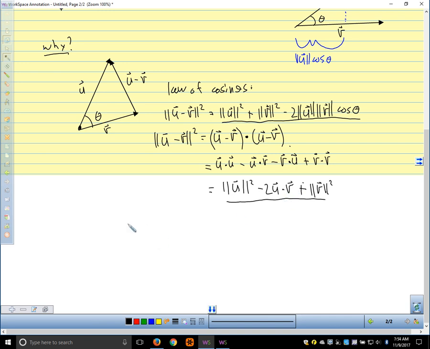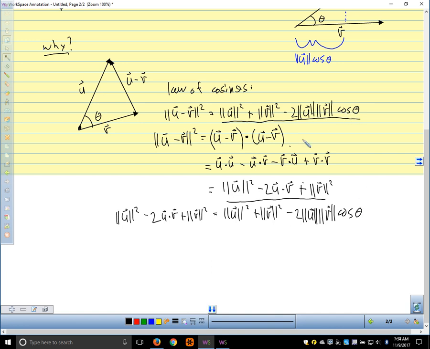And when we do that, we see that the magnitude of u squared minus 2 u dot v plus the magnitude of v squared equals, do you see what's going to happen here? The magnitude of u squared plus the magnitude of v squared minus 2 magnitude of u magnitude of v cosine theta.